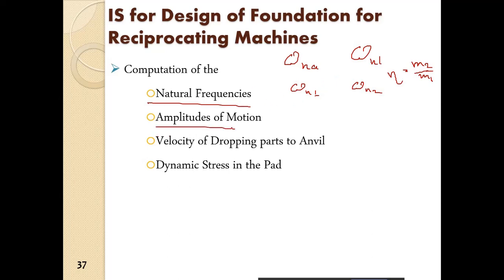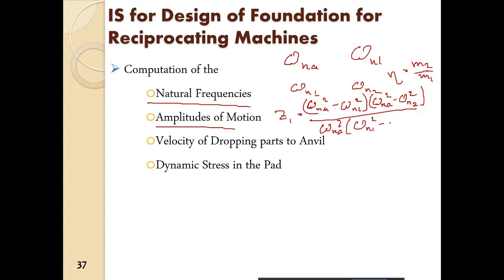Then we have the amplitude of motion. We just now found out z1 is equal to (omega na square minus omega n1 square, easy to remember) into (omega na square minus omega n2 square), divided by omega na square into (omega n1 square minus omega n2 square), into the velocity of the drop.